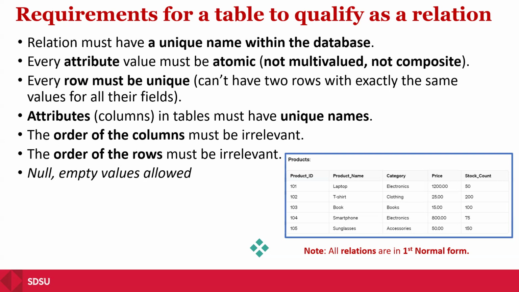All right, so those are requirements for a table to qualify as a relation. Those are very important to understand because we will get back to those requirements a lot during today's lecture.